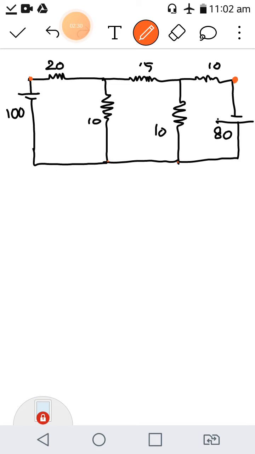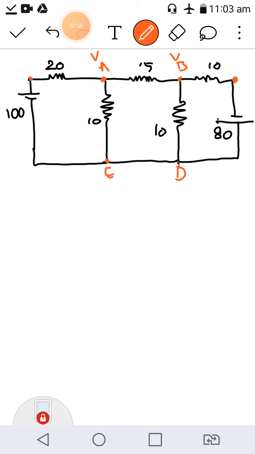The independent nodes are, let me take this as A and this as B. The potential at this point is VA, the potential at this point is VB, and this is the reference node D or E. E and D are connected through a wire, so E, D and all the points at the bottom line are the same. Now let us do the node analysis.